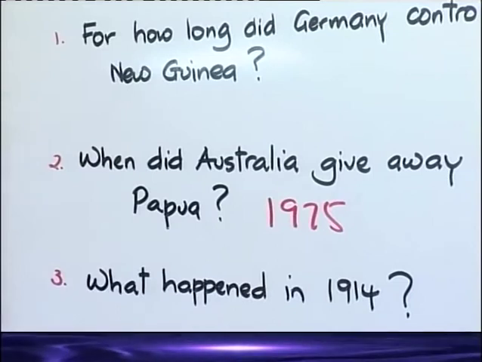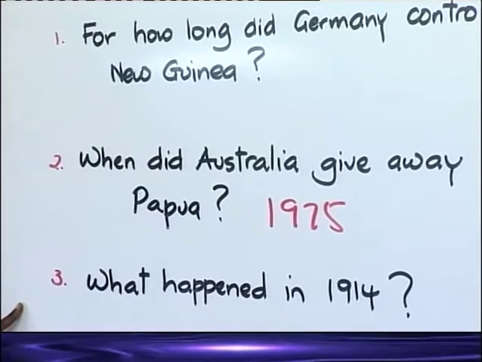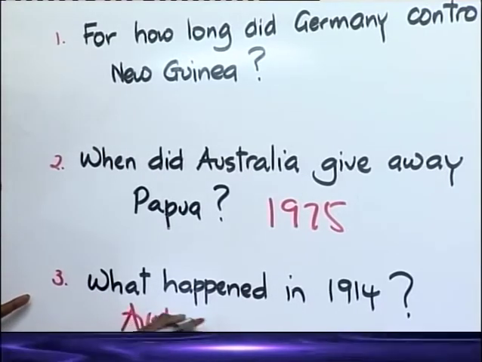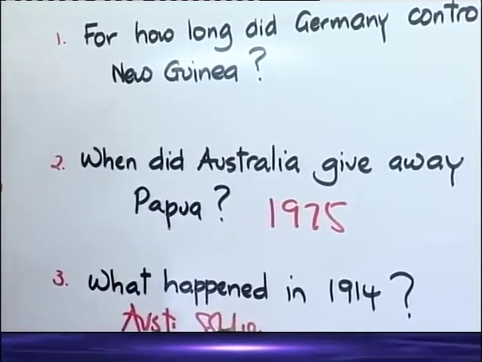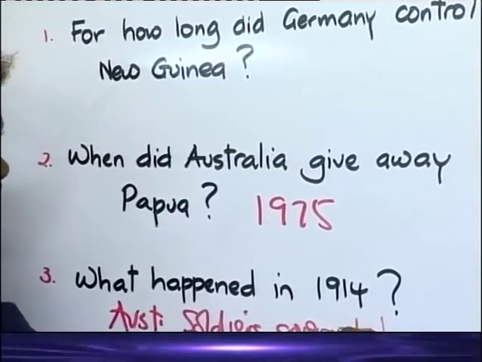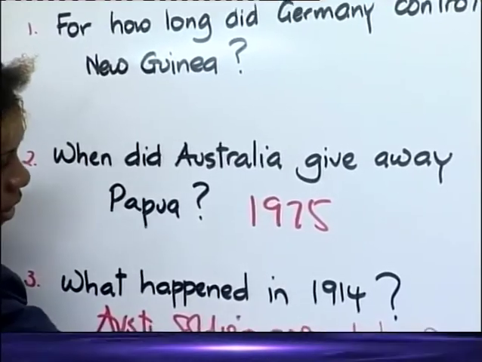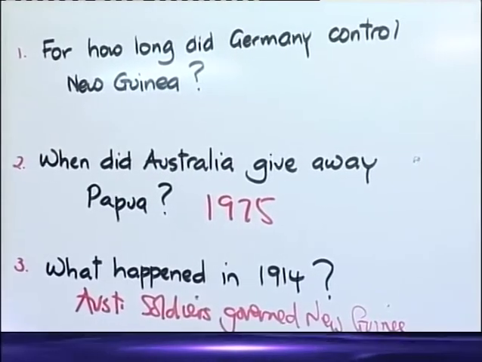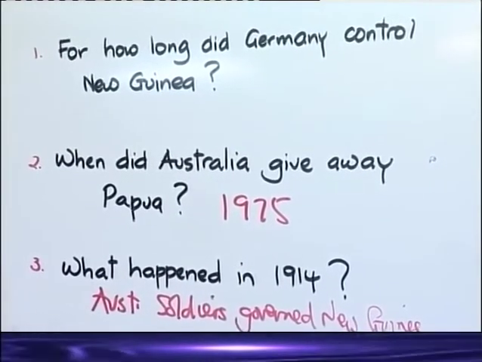What happened in 1914? Australian soldiers governed New Guinea. Yep, 1914 to 1921, Australian soldiers governed New Guinea.